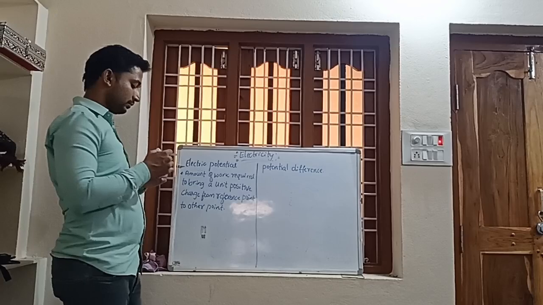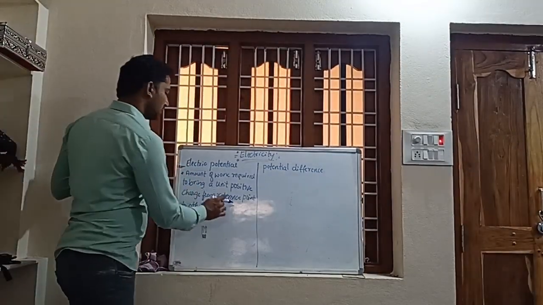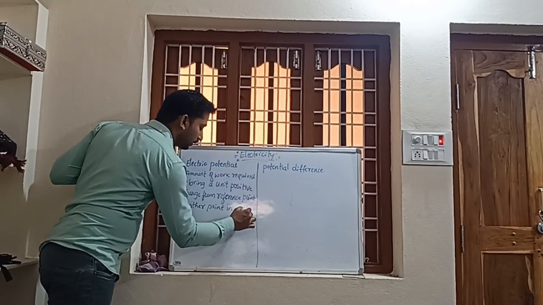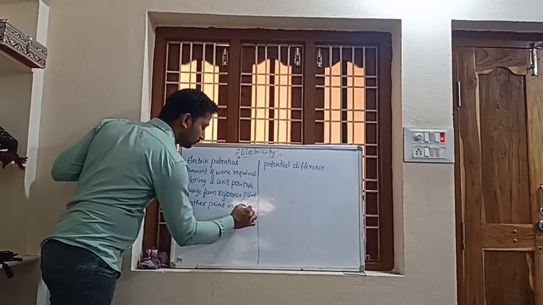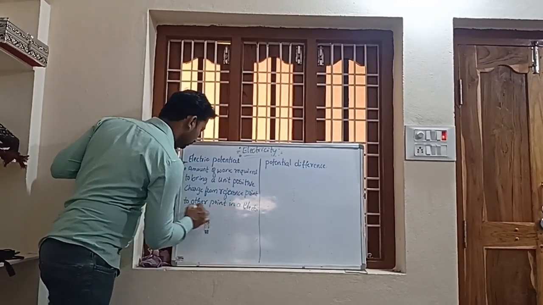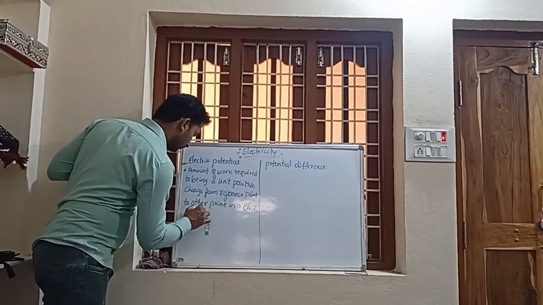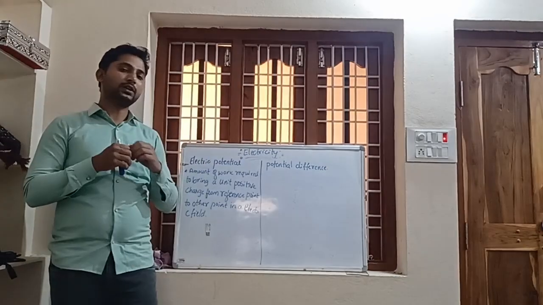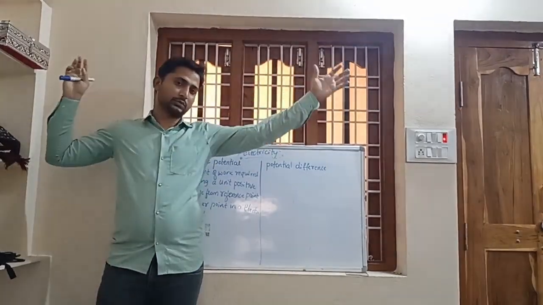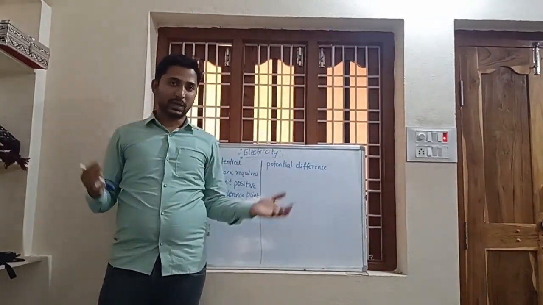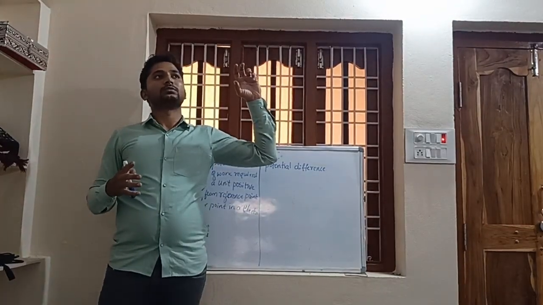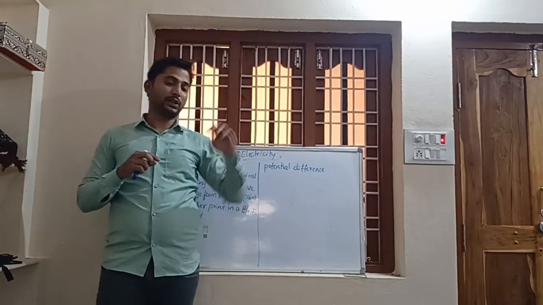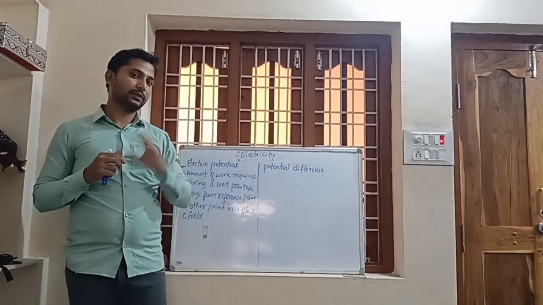It means a reference point in an electric field. For example, you just imagine, it's very far, beyond the sun there is an electric field. From there to here, the electric field is there.